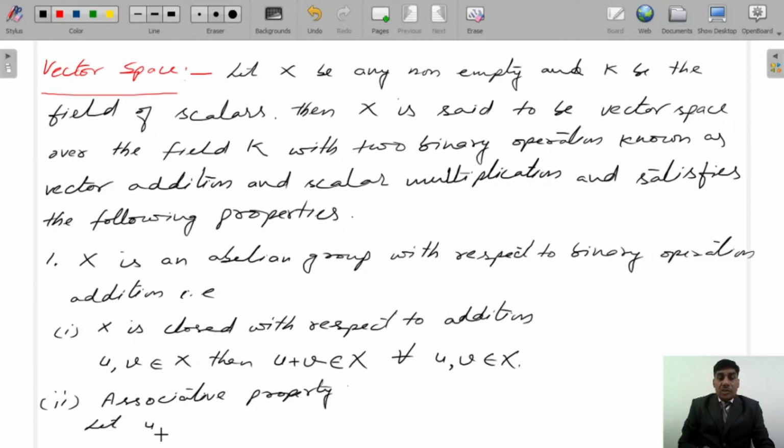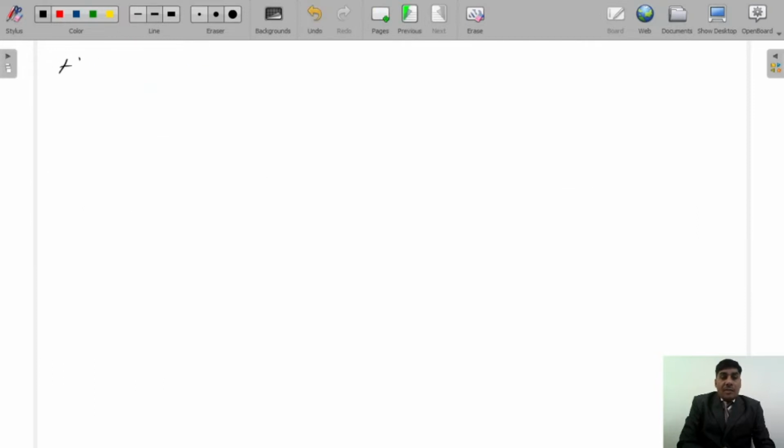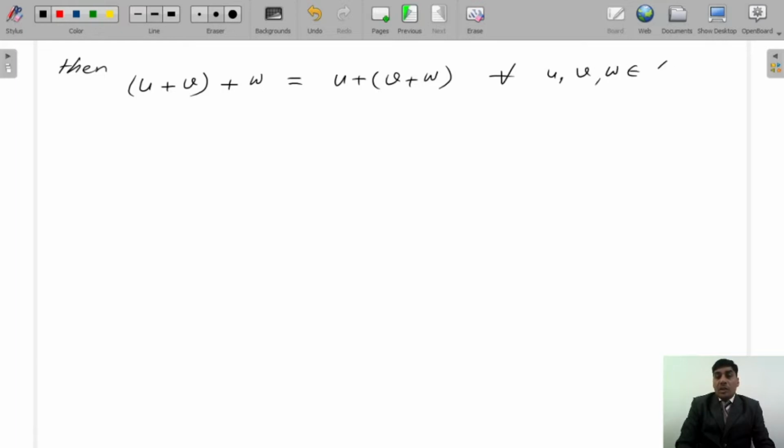Let u, v, w belong to capital X, then (u plus v) plus w is always equal to u plus (v plus w) for every u, v, w belonging to capital X. Third, existence of identity.